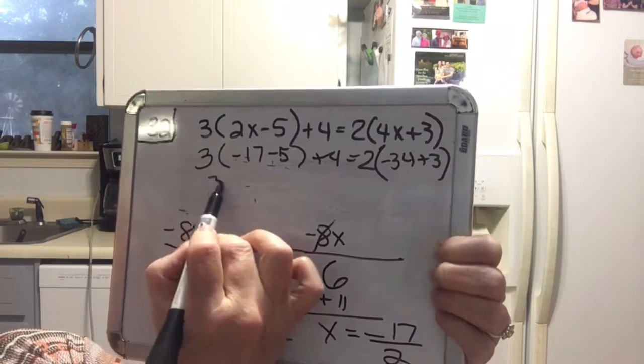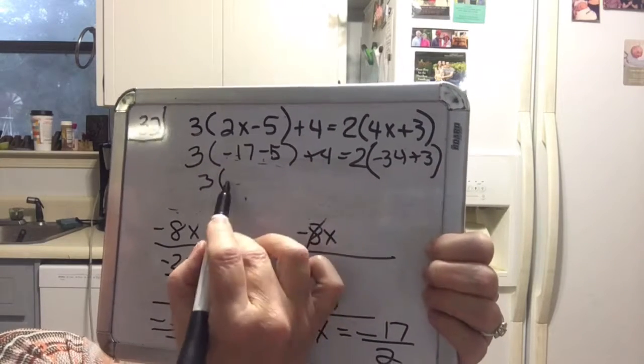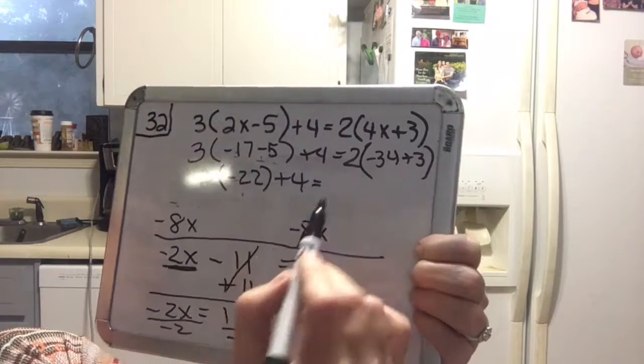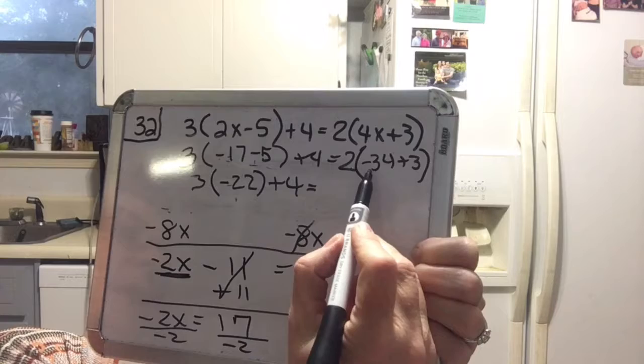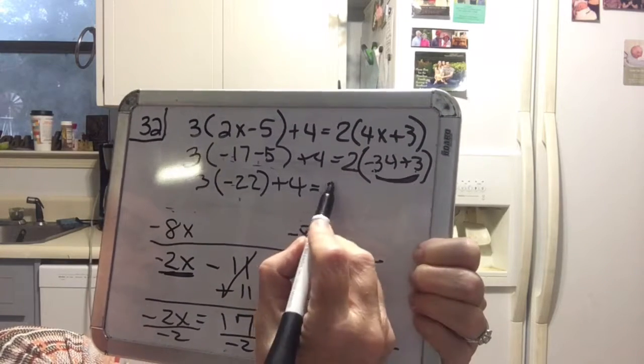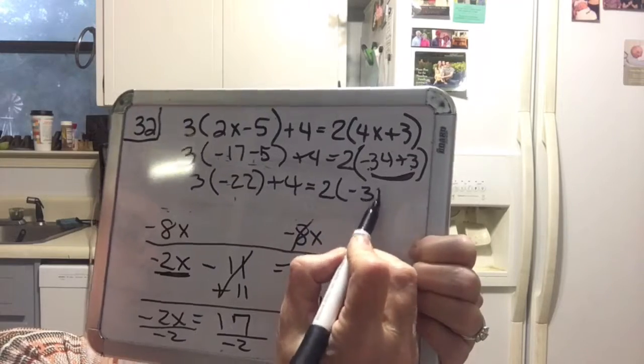So now I end up with 3 times a negative 22 plus a 4 is equal to a 2 times a negative, that becomes a negative 31, and 2 times a negative 31.